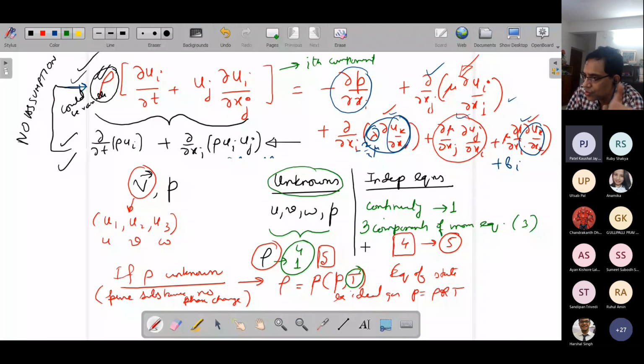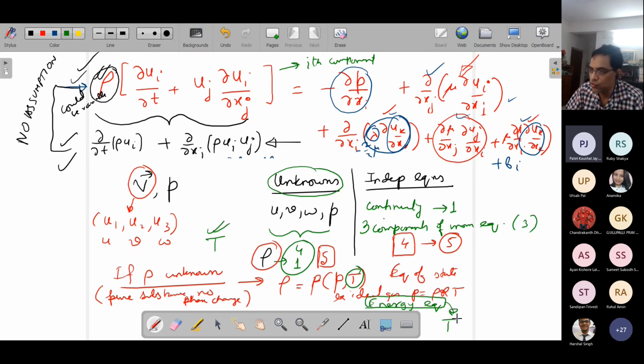If temperature is not constant, that if it is not an isothermal process that is taking place, then temperature will add to an unknown. So you have the temperature also as unknown, and then you need to have a governing equation for temperature. That is the energy equation that you learned in the course of heat transfer. It's an equation governing temperature.